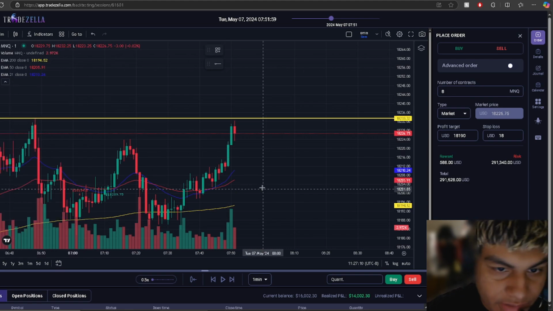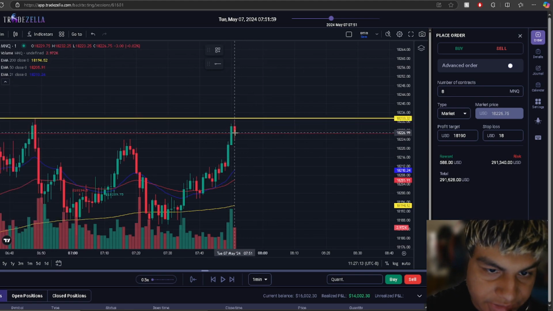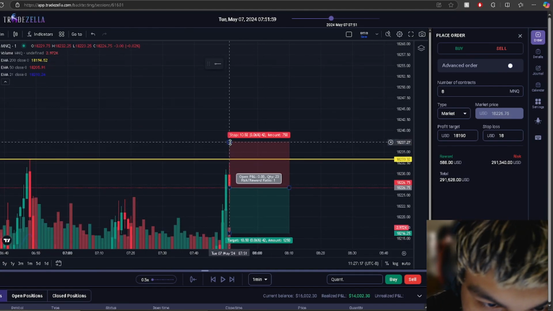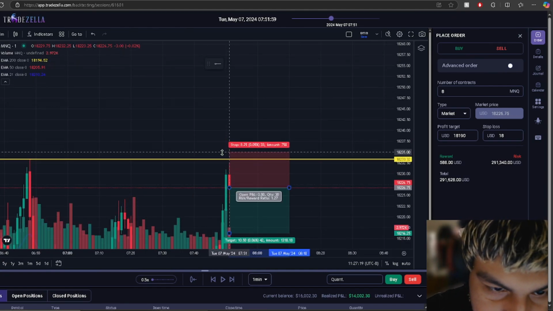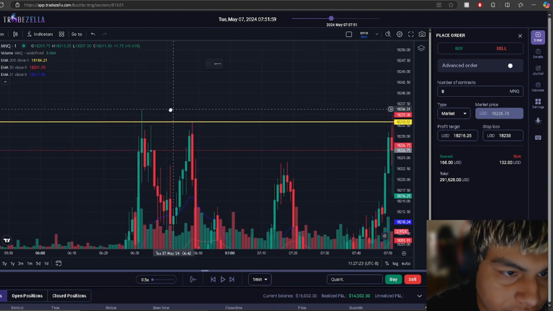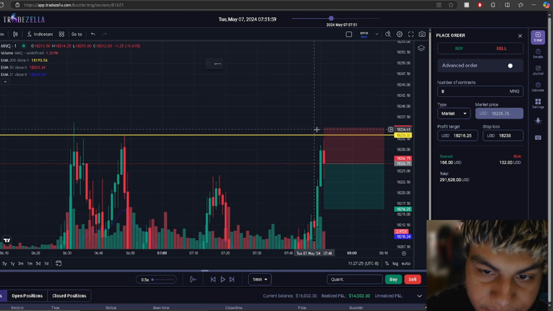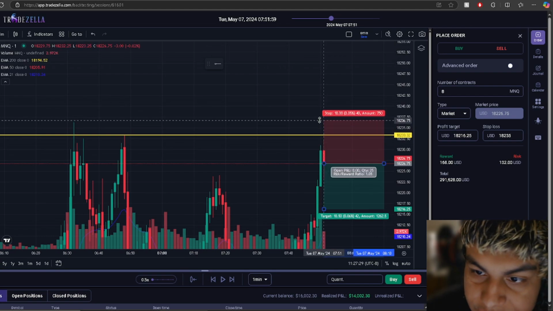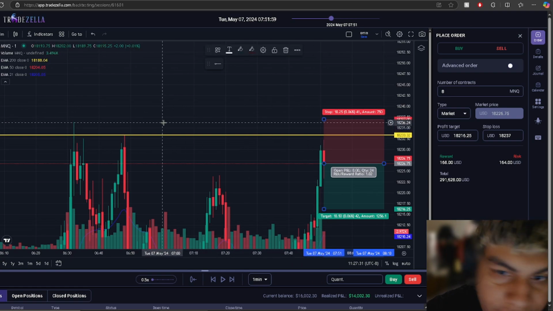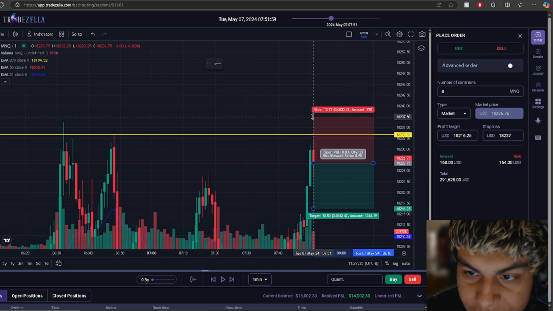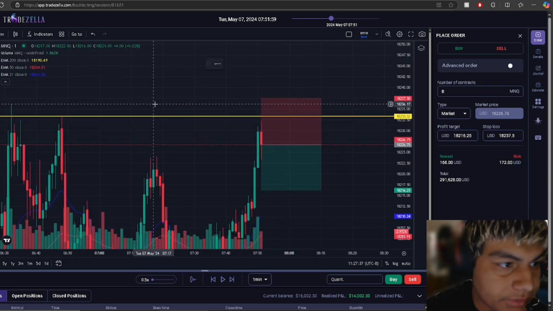So we're going to go short right here. We're going to want our stops to be right above this support level, or this resistance level, as you can see. We have a wick right here, so you're going to want to make your stops right above that wick. So you can see, boom, right here. Stops are right above it.